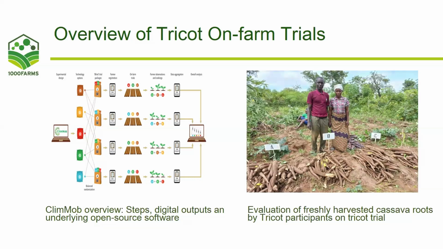In the first phase, IITA and NRCRI used about 30 cassava varieties, which were randomly assigned to farmers. So farmer 1 might have ABC, while the A that farmer 2 has will be different. This is done by CliMob. Data collection and analysis are also all managed by CliMob. As you can see, a farmer is evaluating these cassava varieties on the farm.